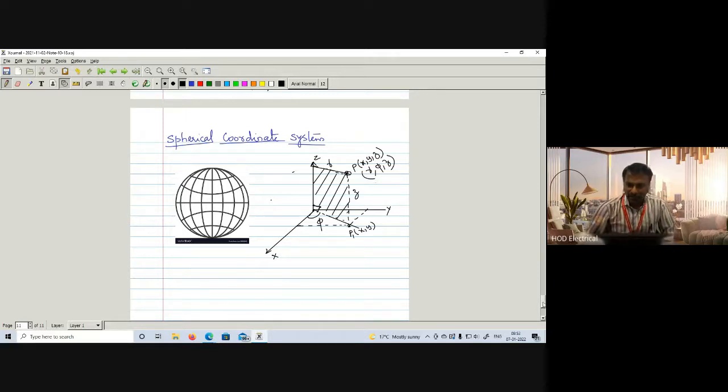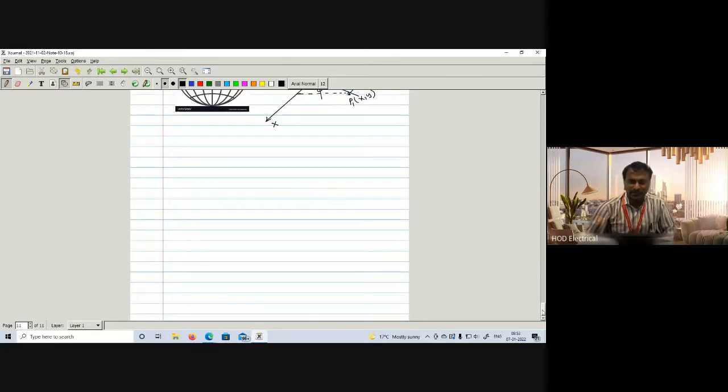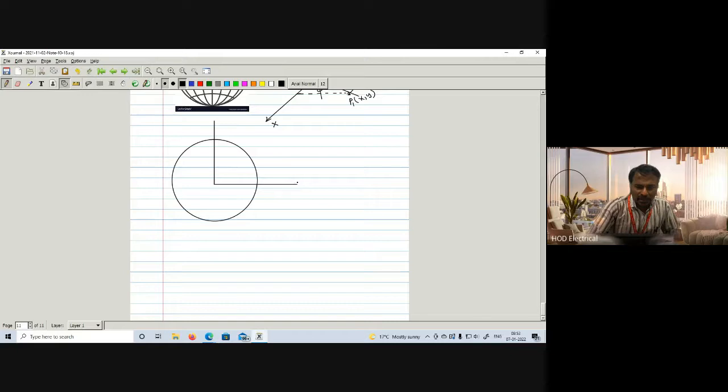Now, in the same way, we are going to represent the spherical coordinate system. For that, let me draw to make it easy. First I will draw the circle. This is the center, and we have the axes x, y and z.